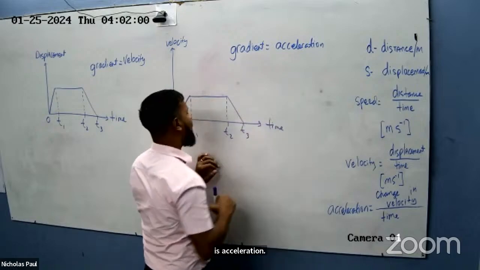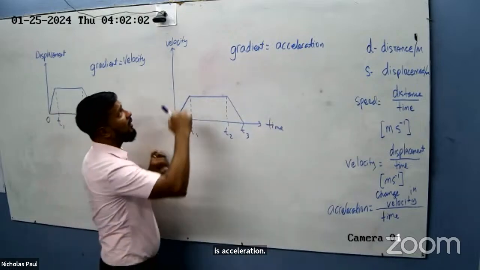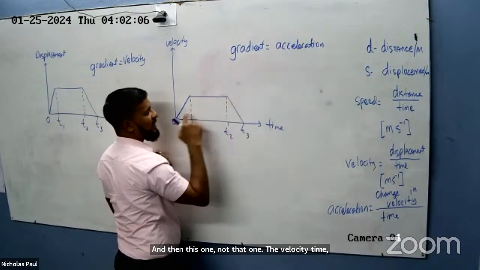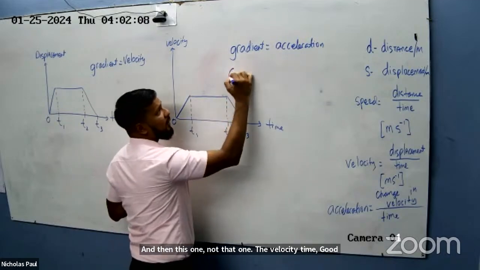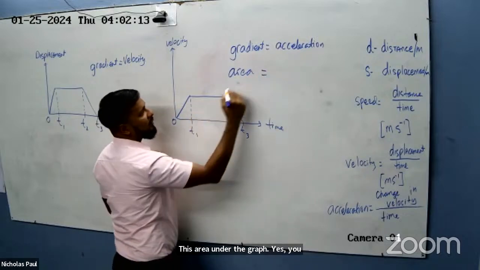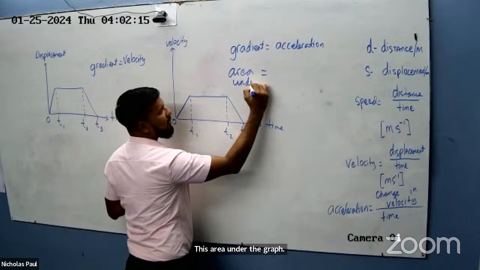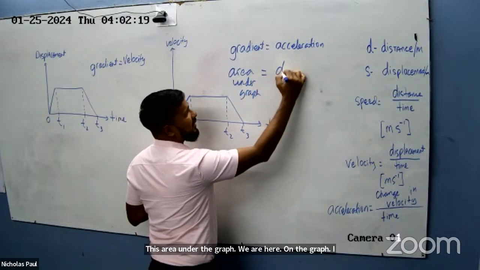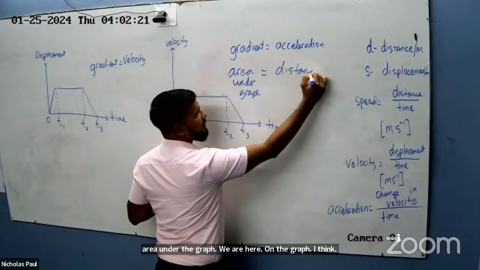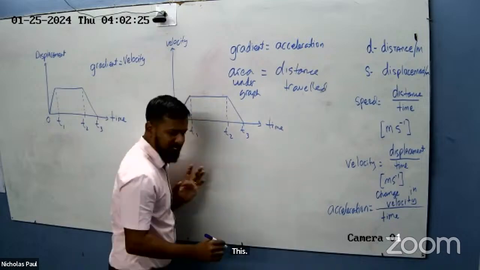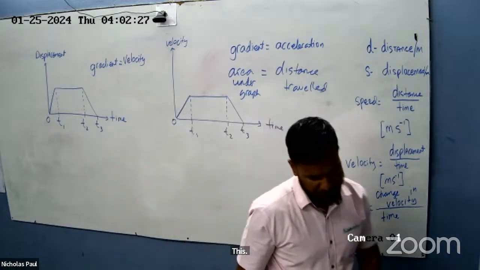And then this one, the velocity time graph, the gradient is acceleration, and you can find this area here. The area under the graph is equal to distance traveled. So for people doing physics, that should be kind of easy, right?